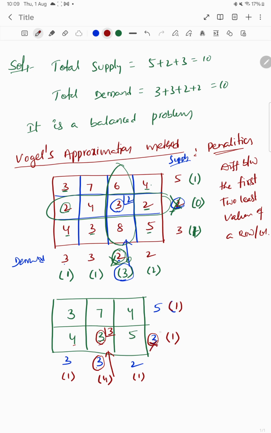That means that 3 will become 0. This 3 means customer demand. The customer demand is fulfilled, so this becomes 0. So this supply became 0, so this row must be eliminated, and this column became 0, so this column also must be eliminated.